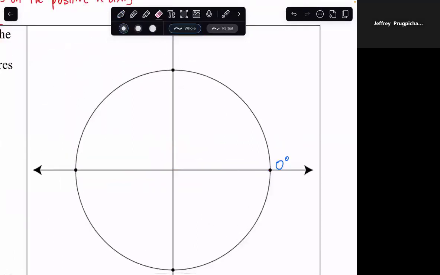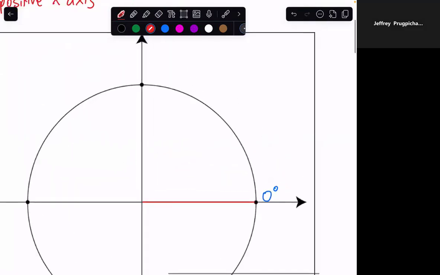Okay, so let me get rid of that. Next, what about 180 degrees? Again, we are always going to start on the positive x-axis. And this time I do want the other side to open up so that it has some space because it's not 0 degrees anymore.